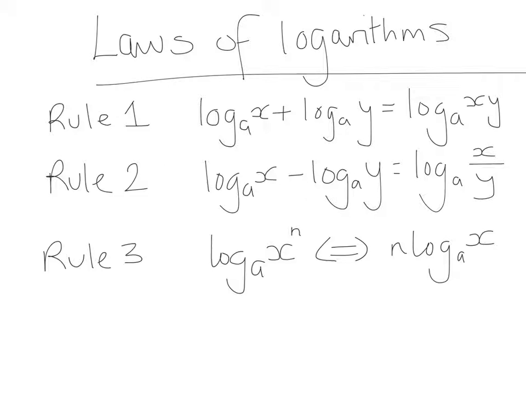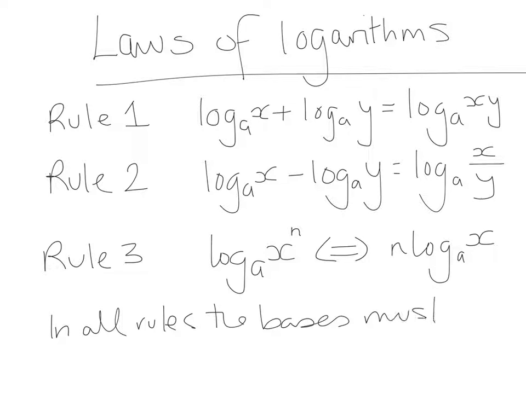So the n in this case can move from the front and move back upwards. So we can do it in both directions. So in all cases, the base must be the same. In all rules, the bases must be the same.